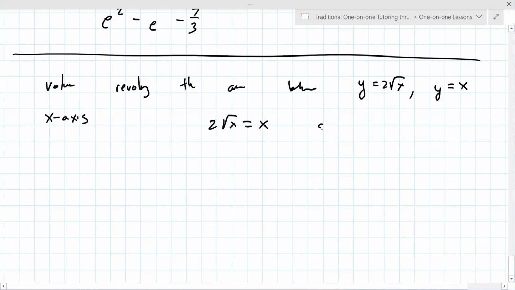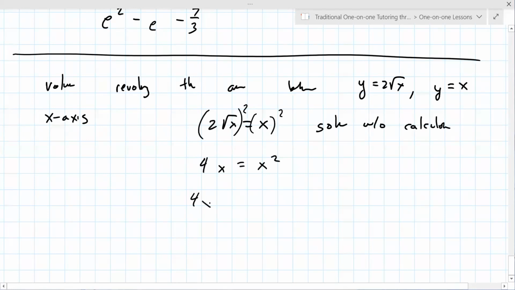Any idea how to solve this without a calculator? I could probably figure it out, but it might take a second. Sure. So square both sides, that gives you 4x equals x squared.